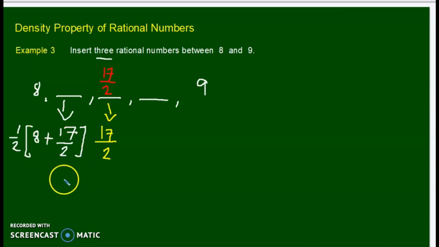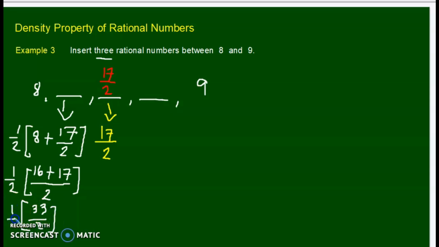Okay, so we have to add a whole number and a fraction. The LCD will be 2 multiplied by 8, which is 16, and we copy 17. Then we just bring down also 1/2. 16 and 17 is 33 when added, all over 2, and it will be multiplied by 1/2. So, since wala nang pwedeng i-cancel, we just multiply the numerators and the denominators, and this will give you 33 over 4. Okay? So, susulat natin dito ay 33 over 4.